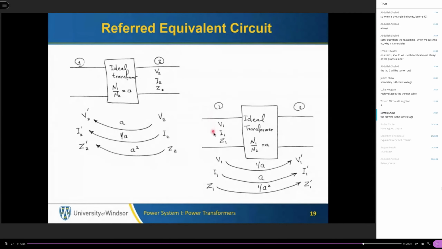If you want to move from the primary side to the secondary side, you do the opposite operations: instead of multiplying by A, you divide by A, here you multiply by A, and to transfer Z1 to Z1 dash, you divide by A squared.